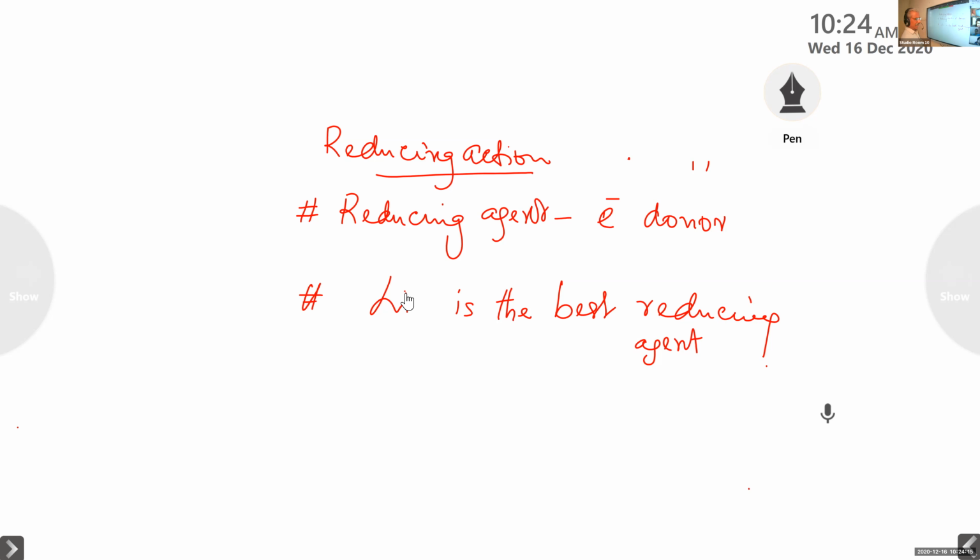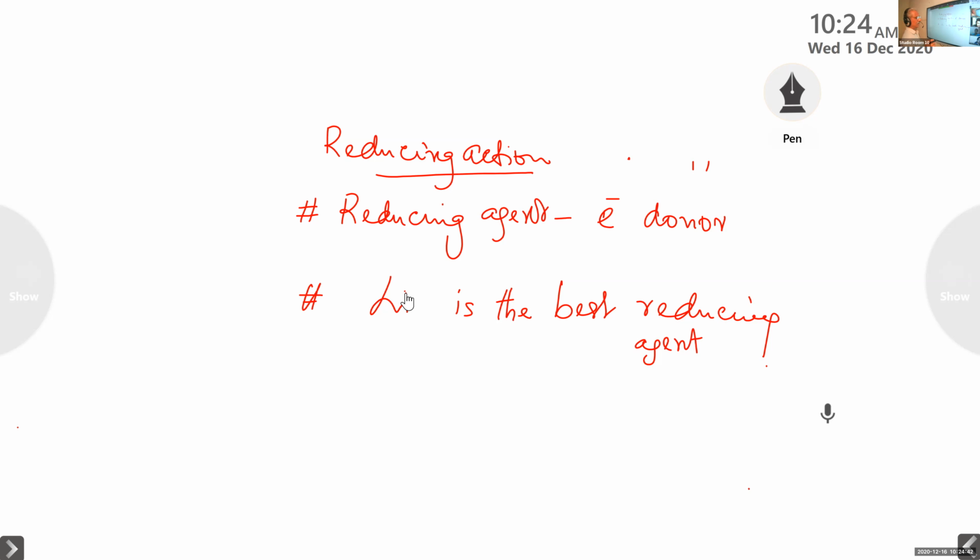The less reactivity of lithium is due to two factors. One, lithium is the smallest atom among the alkali metals, so the electron cannot be easily removed compared to other atoms. Then there is a high hydration enthalpy for Li plus ion.